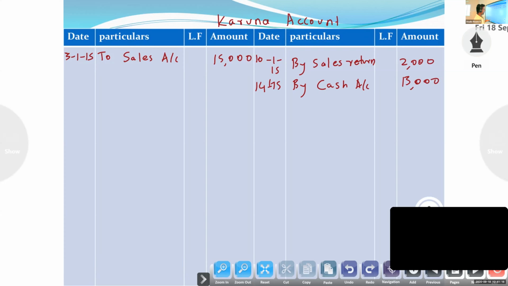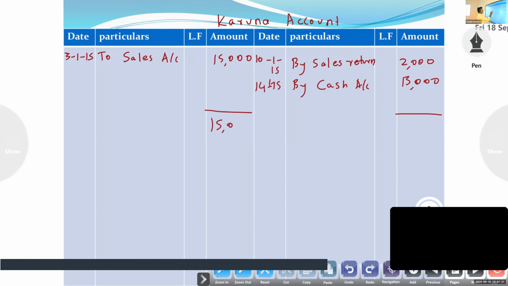No, sir. No cheque receipt from Karuna. Okay, then we will balance. Both sides equal, 15,000, 15,000.